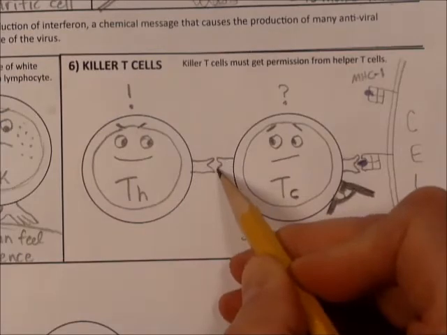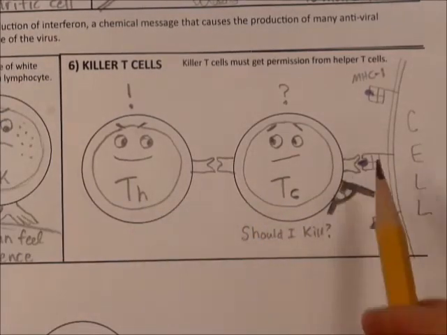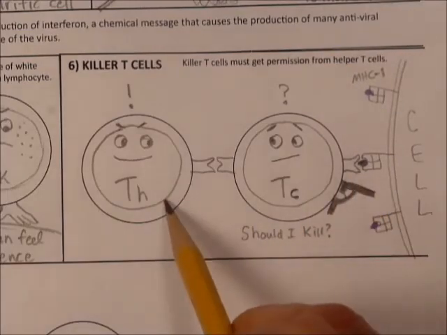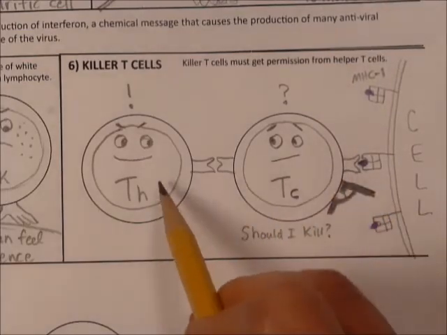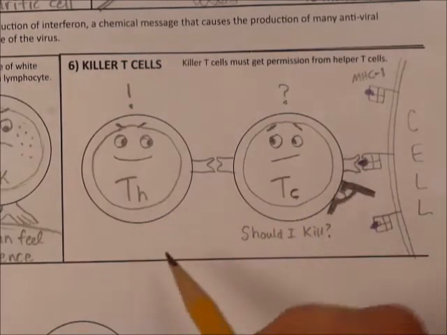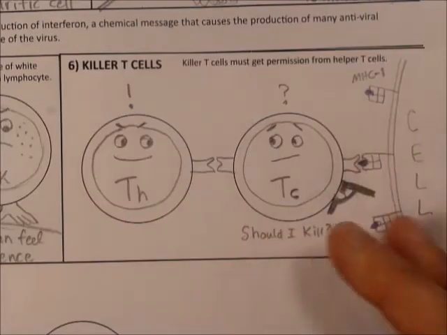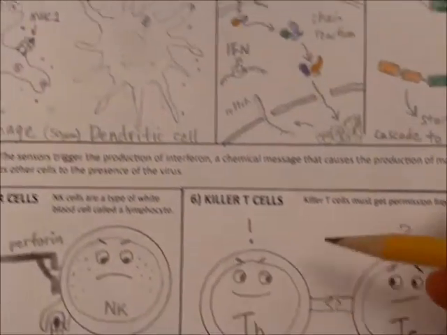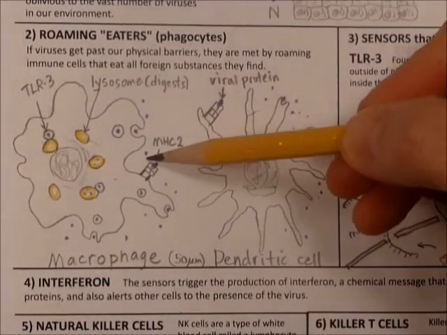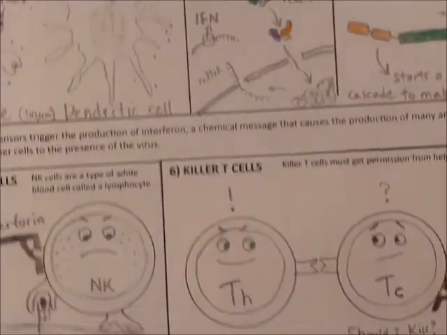Now this happens to be a T helper cell that recognizes this same shape also. The reason that it knows that this shape is around is because it sensed it on the outside of a macrophage. So it came along in another part of the story, and it sensed a macrophage holding this little bad purple protein.